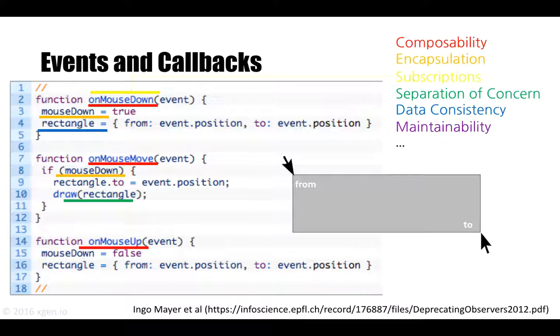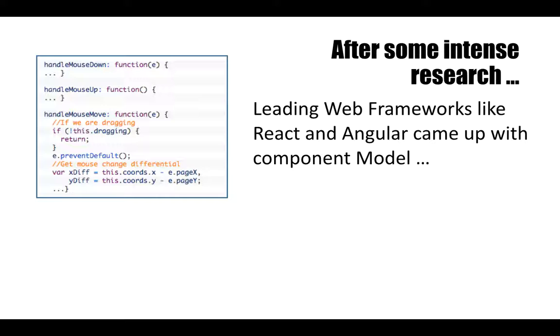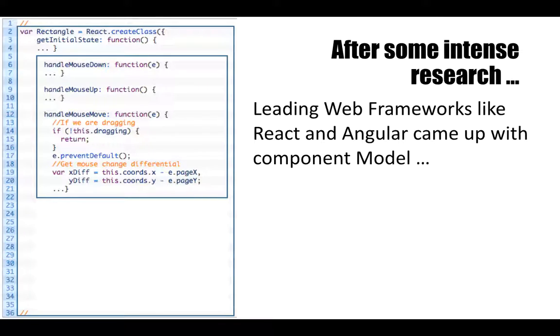So after some intense research, the industry, with companies like Facebook and Google, came out about 3-4 years ago with new frameworks. I'm sure everyone has heard of React and Angular. At a high level, what those frameworks have done is put a box around that code and wrapped it into a component or a class.